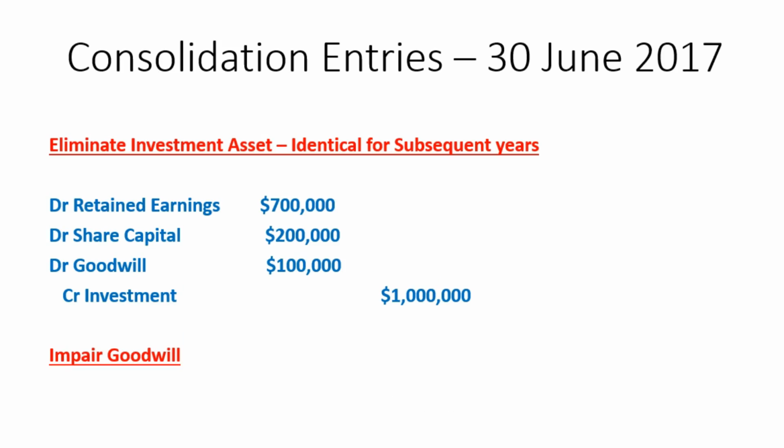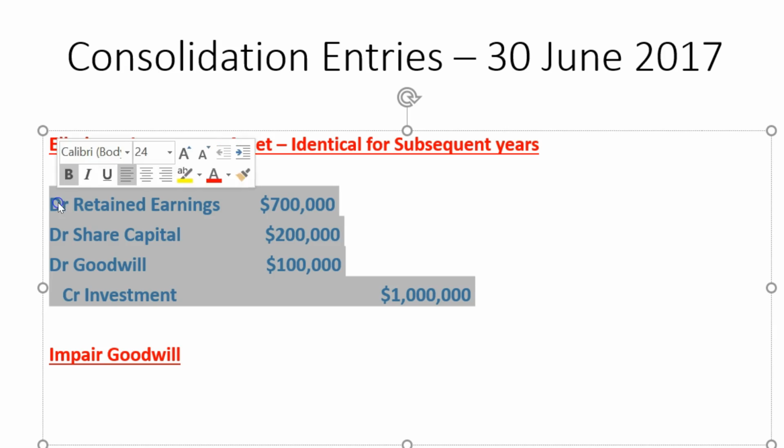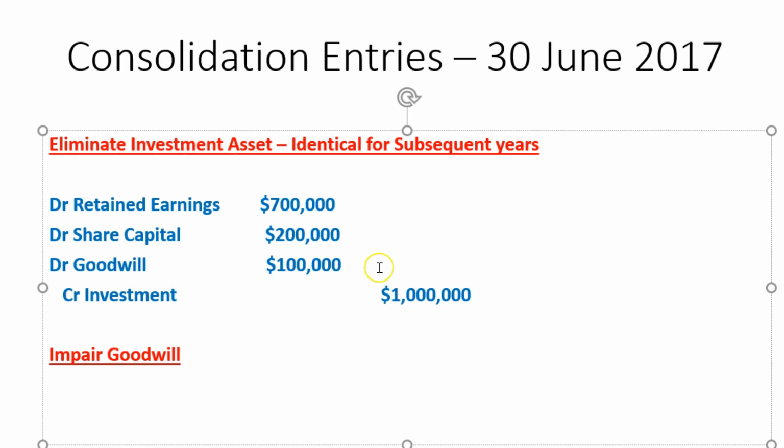So we'll now move on to doing the entries for 2017. When we're eliminating the investment asset, the entries will remain identical for subsequent years when goodwill is involved. Effectively this means that it's just a copy and paste of the exact same entries we did for last year, and we'll do that year after year after year.